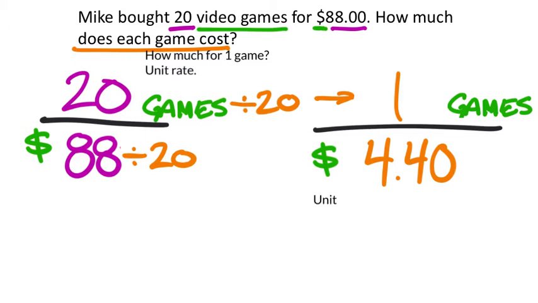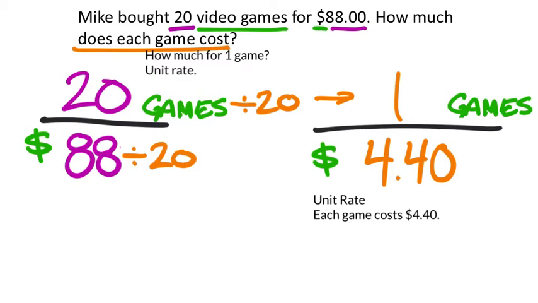And it's okay that the unit is in the numerator. So you could say, each game costs $4.40. But again, on Canvas, I believe you'd only have to type in the 440. So there's one way to do it.